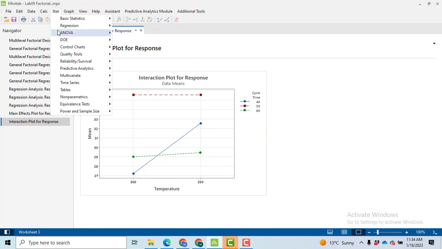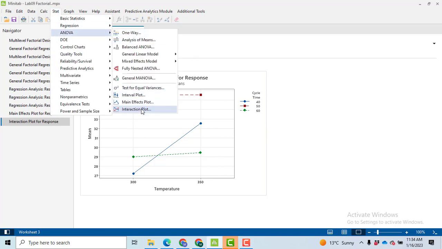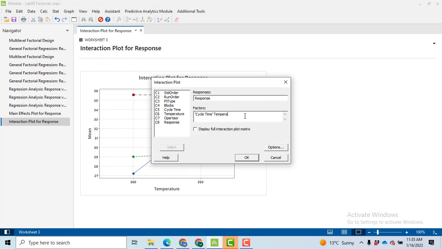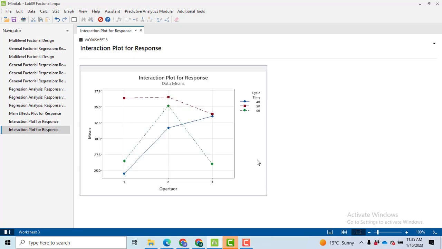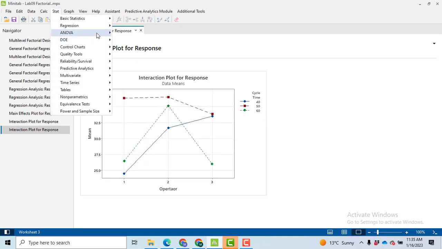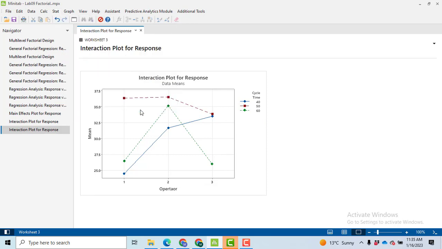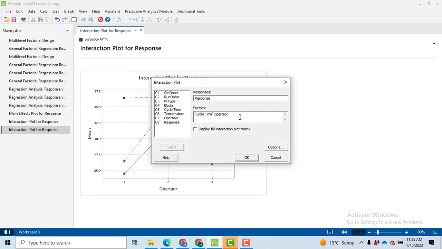Likewise, go again to ANOVA, Interaction Plot, this time select cycle time and operator. Click OK. You will again get a graph like this. Then for the third two-factor interaction, you will have to go again. Please do not do it all at once, as it will create a mess.